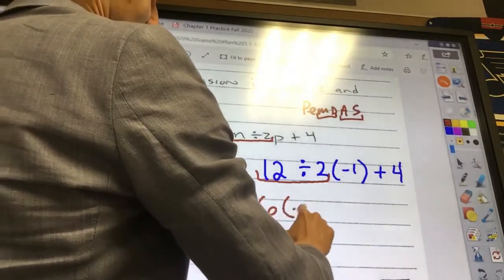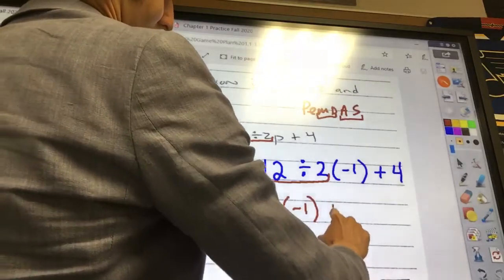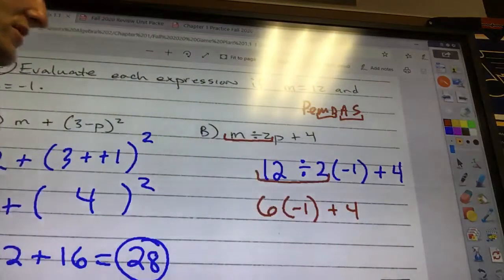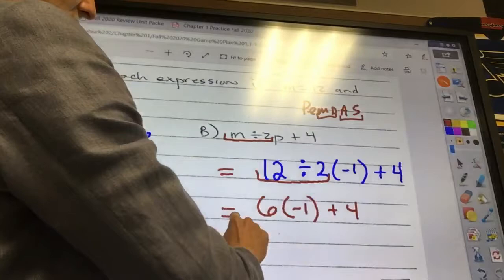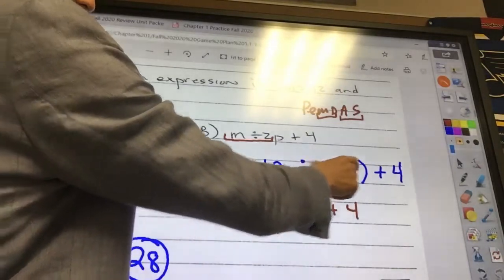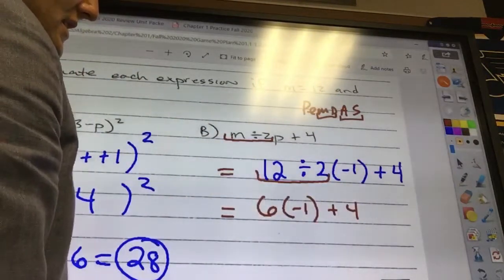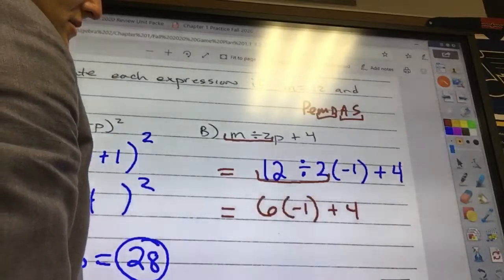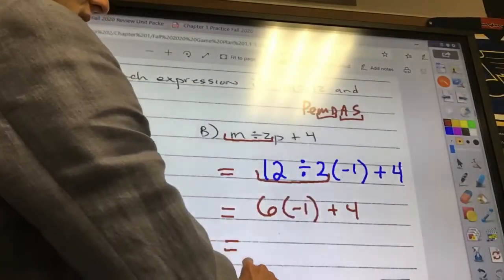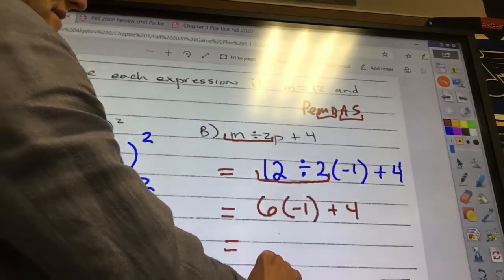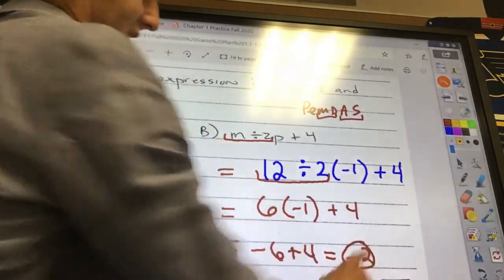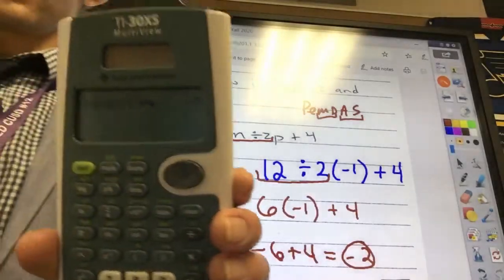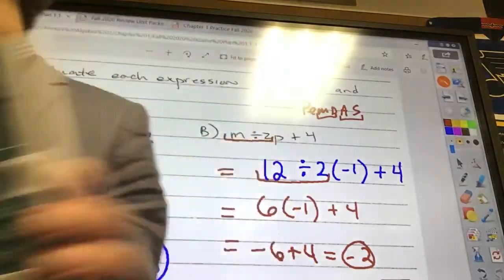6. Now, times a -1, plus 4. All right. 6 times a -1 now plus 4. Which is a -6 plus 4, which is a -2.